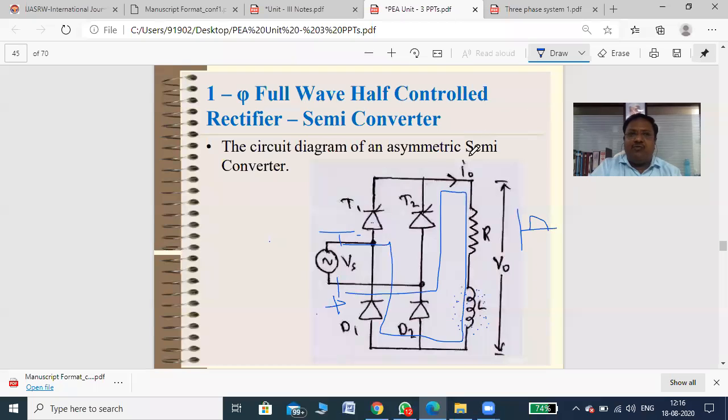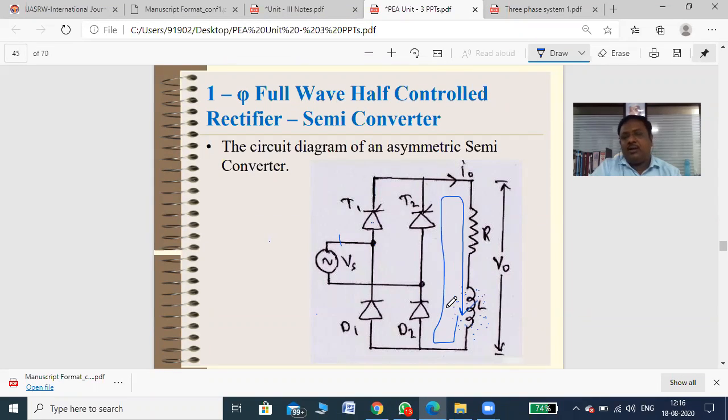And again from 2 pi to 2 pi plus alpha, the diode D2 and thyristor T2 act on whatever energy is stored by the inductor; it will release through D2, T2, R, and inductor. So during pi to pi plus alpha, D1 acts as a freewheeling diode, so the power delivered from load to source is blocked, and the negative part of the output voltage is eliminated.